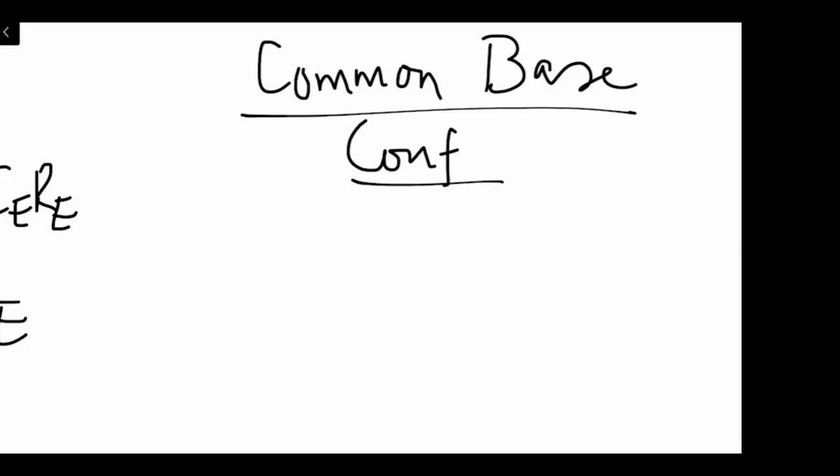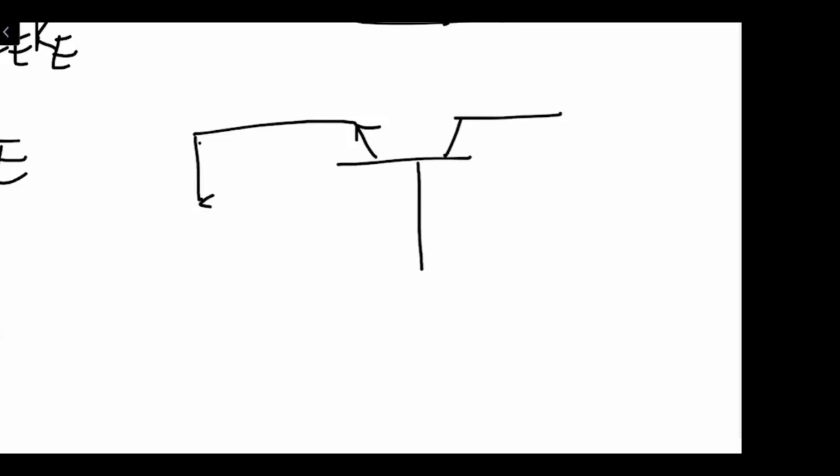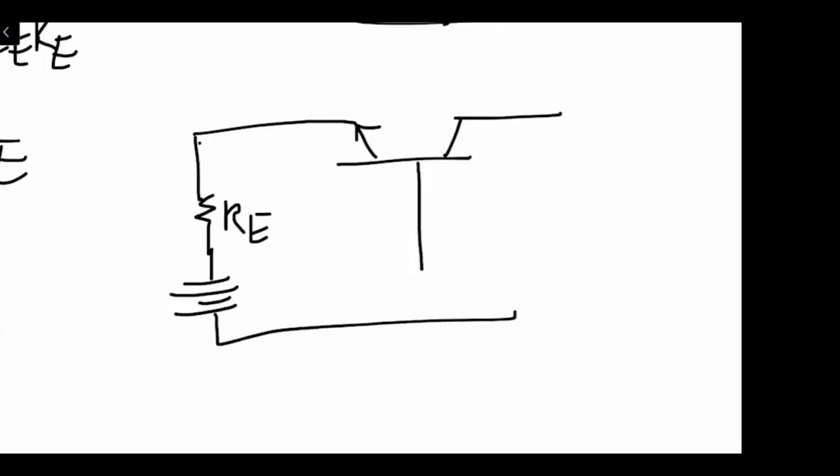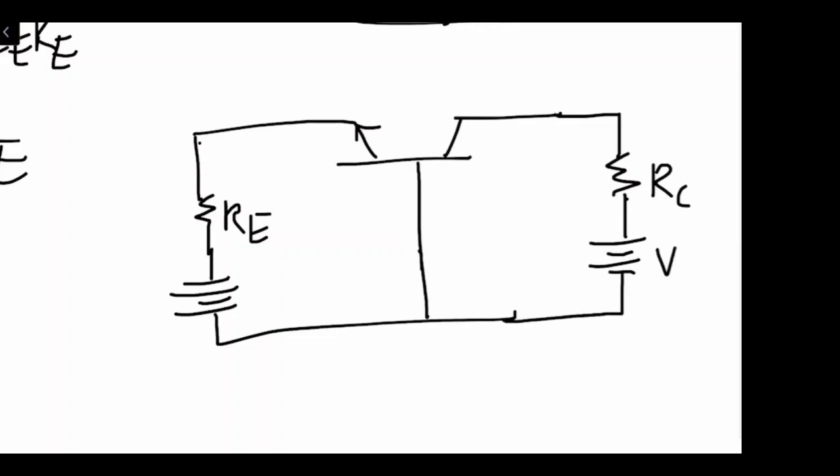Okay, the circuit which we have is basically we have the emitter resistance RE, and with that we have the biasing voltage, and similarly on the collector side we have the collector resistance, and we have the other biasing voltage, which is over here we say it is VCC, and over here we say it is VEE, right?